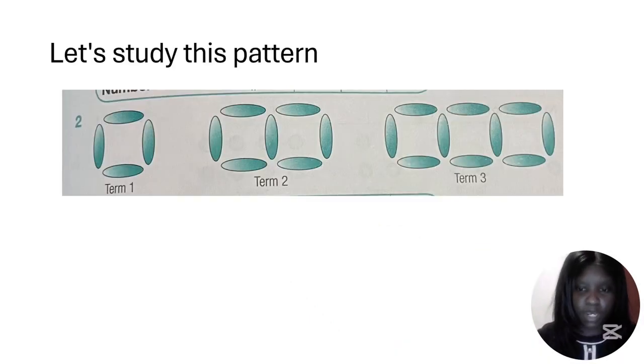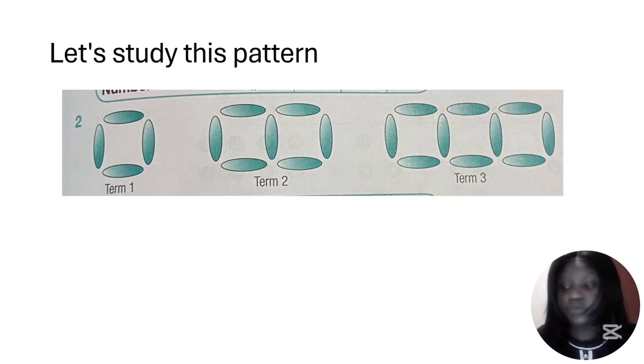Now, let's study this pattern. How are we going to study it? In term 1, the first term, we see how many seeds? 4 seeds, because we count 1, 2, 3, 4. In the second term, we see 1, 2, 3, 4, 5, 6, 7. So we've got 4, we've got 7. What is 7 minus 4? It's 3.